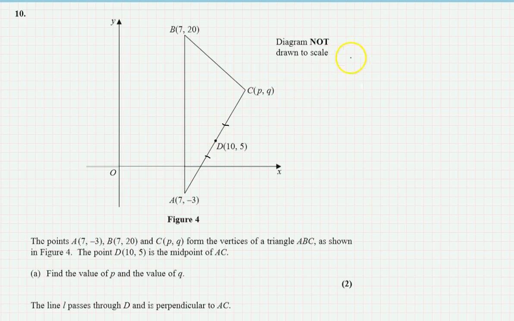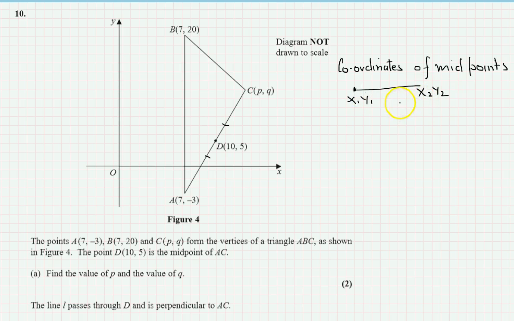So we know that the coordinate of midpoints of line joining x1, y1 and x2, y2 is x1 plus x2 over 2 and y1 plus y2 over 2.